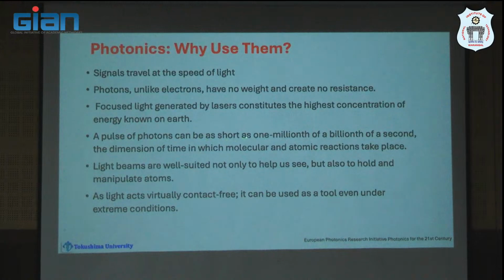A pulse of photons can be as short as one billionth of a second. So the pulse created by the laser is very small. You can imagine one billionth of a second.